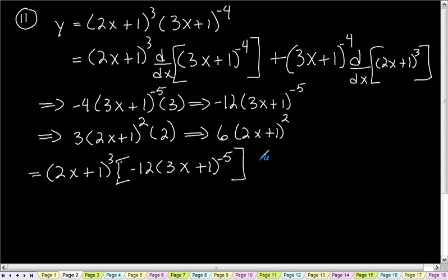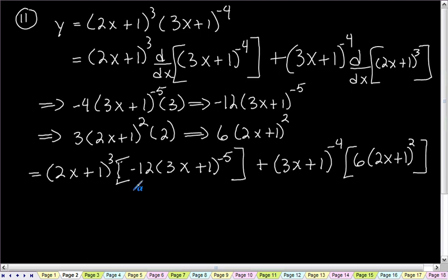And then we had before, (3x plus 1) raised to the -4th power times the derivative we found, which was 6 times (2x plus 1) raised to the second power.